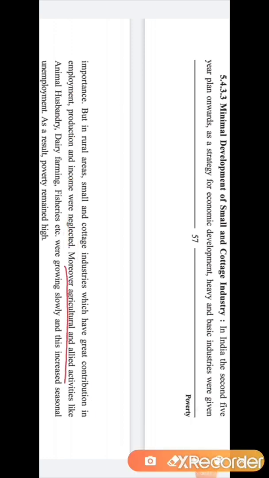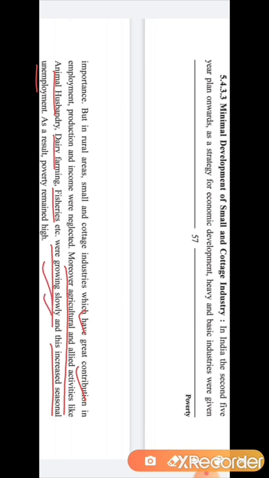Moreover, agricultural and allied activities like animal husbandry, dairy farming, fishery, poultry farming were growing slowly and this increased the seasonal unemployment. So students, we know that most Indian people live in rural areas and depend on these agricultural and allied activities, and this sector is growing slowly.